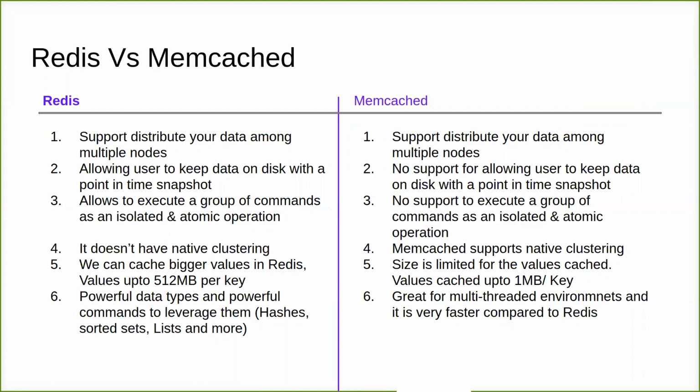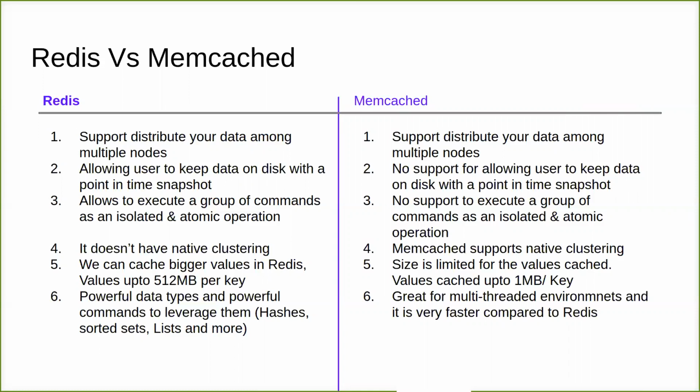But with Memcache, we can't take a snapshot of the data and store it on disk. Redis cache allows us to execute a group of commands as one atomic and isolated operation and run it. But with Memcache, we can't execute a group of commands as a single command, so we need to execute the commands one by one manually.